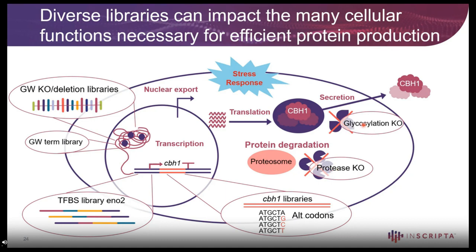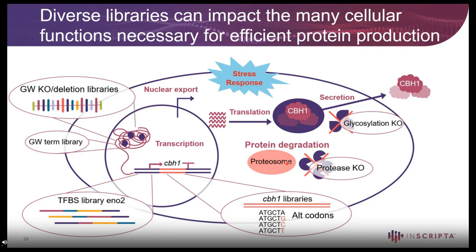The hits actually target lots of different cellular processes. So the hits targeted transcription, whether it's global transcription or transcription from ENO2, nuclear export, stress response. So you might imagine protein expression can cause a lot of stress for a cell. Translation, protein degradation.